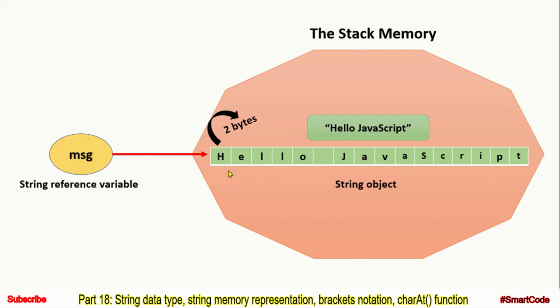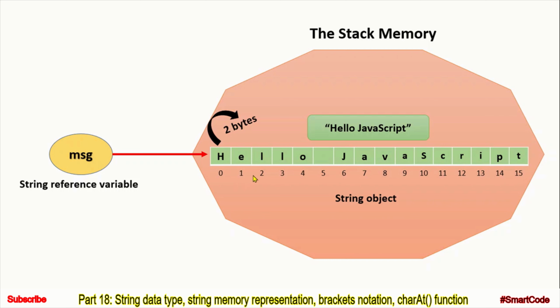So what you see here is every character is placed separately in a memory box, and the size allocated to each box is 2 bytes. This memory allocation will always be consecutive. One last thing that JavaScript does after consecutive memory allocation is assign an index value to every memory box, just like you see on the screen.